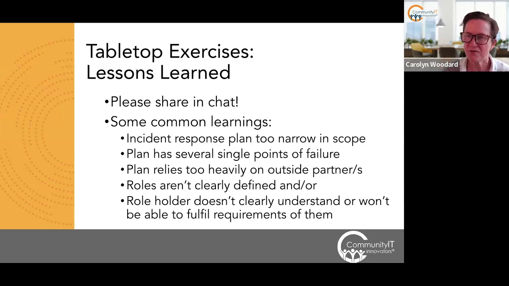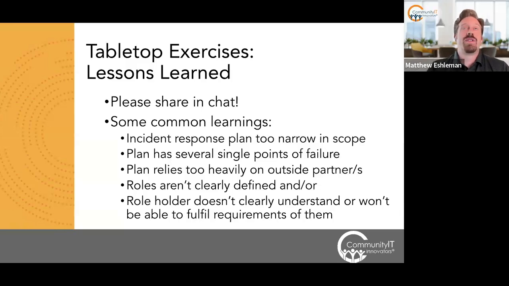So the value of the tabletop exercise is to your organization, your specific risks, your staff and how they would respond, your response time, your response plan, your insurance broker, who's on your phone list, all of those different things. But we do these types of exercises with our clients a lot. So Matt, you were going to tell us some of the things that come up a lot when we do these exercises.